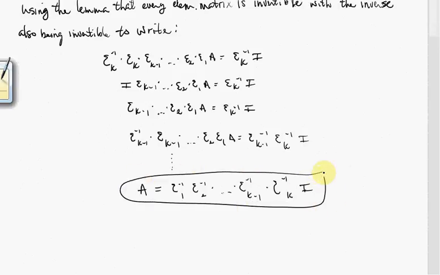The matrix A is expressible as a product of elementary matrices, because the lemma said that the inverse of an elementary matrix is itself also an elementary matrix.